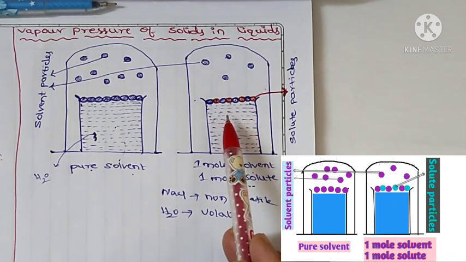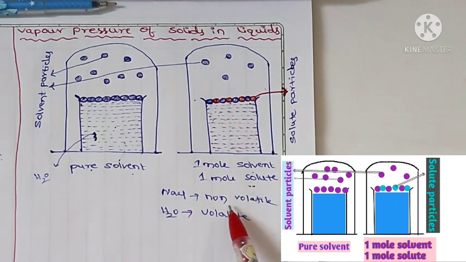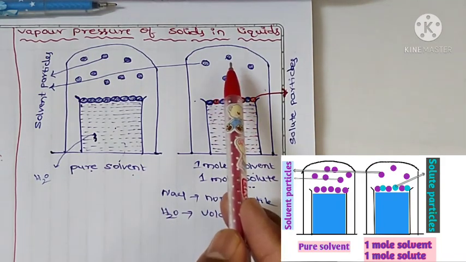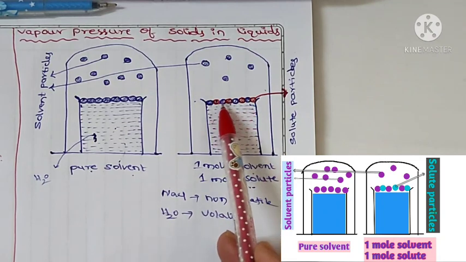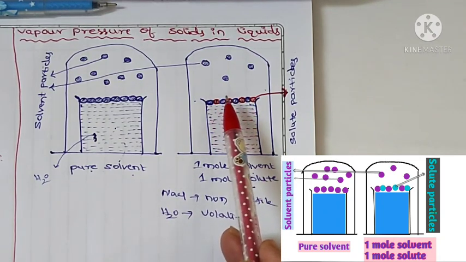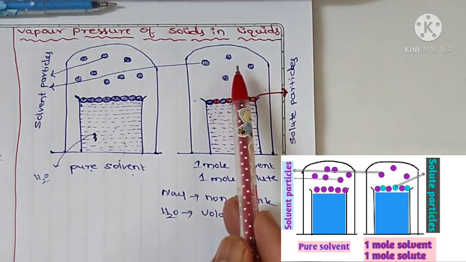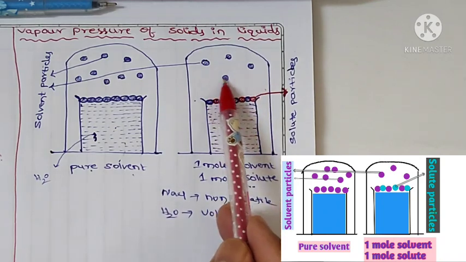At the surface the number of solvent molecules decreases, meaning fewer solvent molecules are converted into gas, so the number of gas molecules decreases.